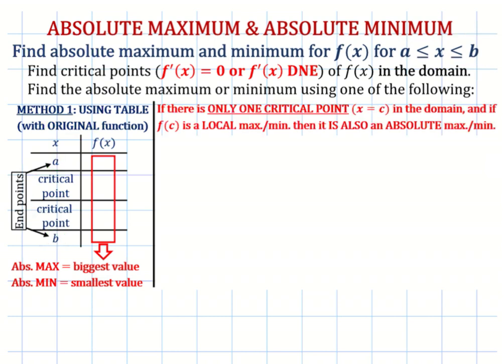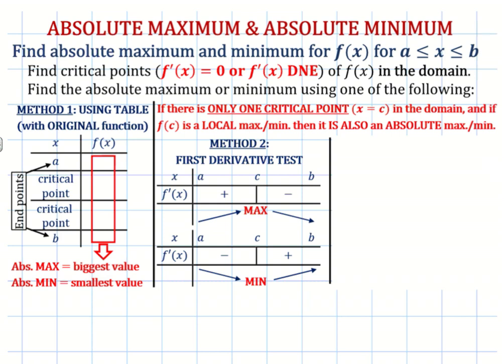Now, in a special case where we have exactly one critical point in the domain, and this is crucial, we have to have exactly one critical point in the domain for it to work. If that is the case, we might use the first derivative test.